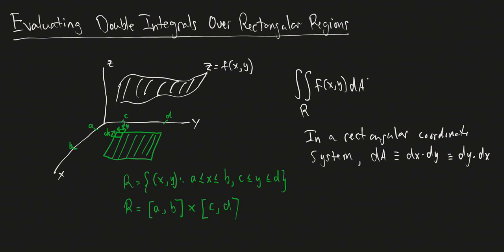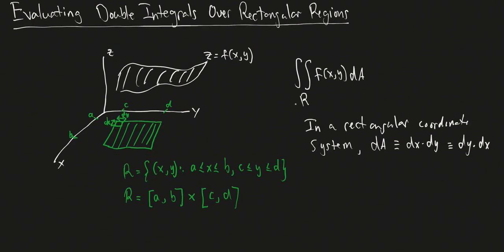So that takes care of this part, but then what do we do with these two integral signs? Well, I know the range of values for x, I know the range of values for y. So maybe I can represent the intervals a, b, and c, d also using this notation, right?